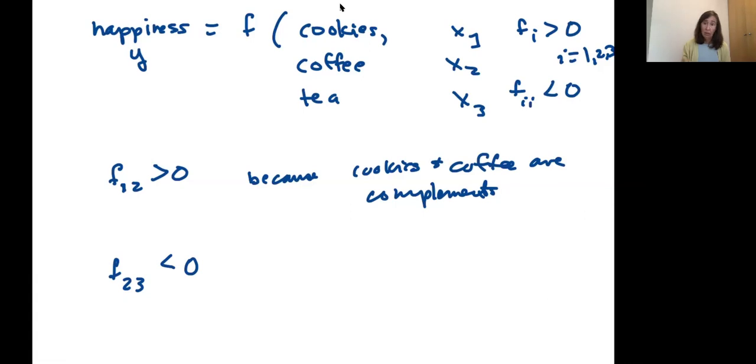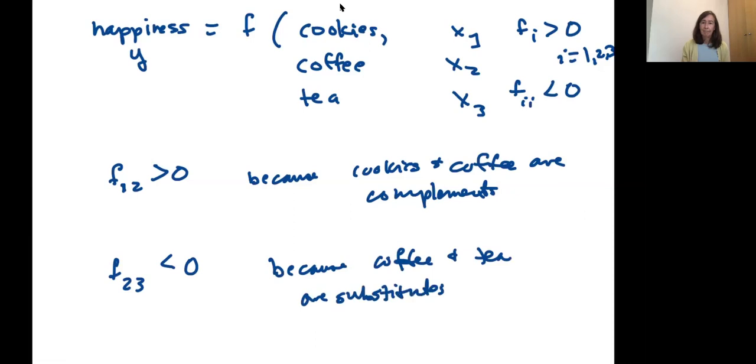Okay, so the cross partial between coffee and tea is negative because coffee and tea are substitutes.